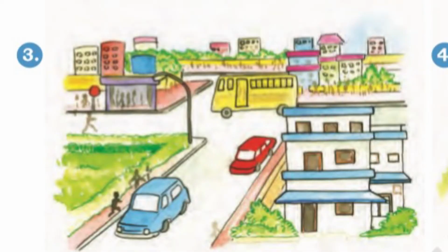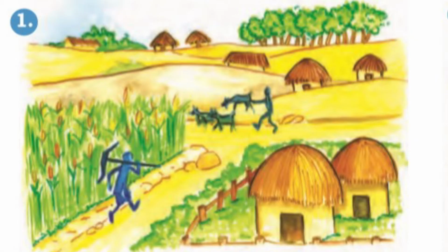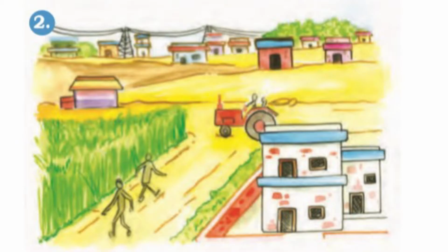Ma'am, I can observe that there is increasing number of houses, factories, roads over time. That's correct. Ma'am, I can see that the land under agriculture and forest has been decreased over time. Correct, students. As you have observed, ways of using land has changed with the changes in society.